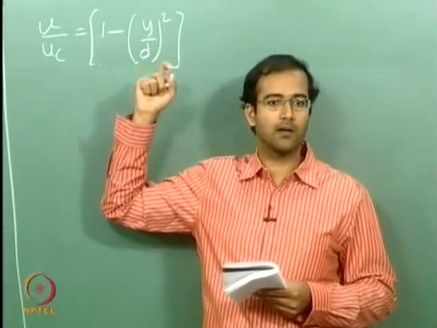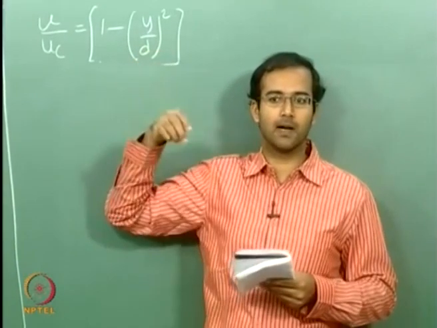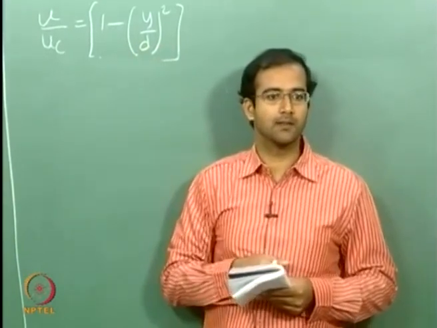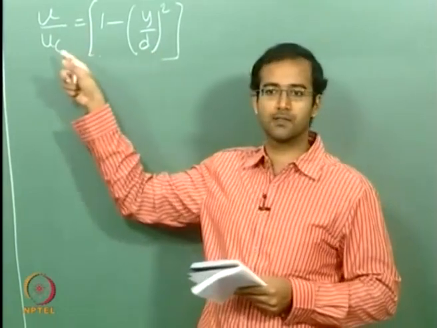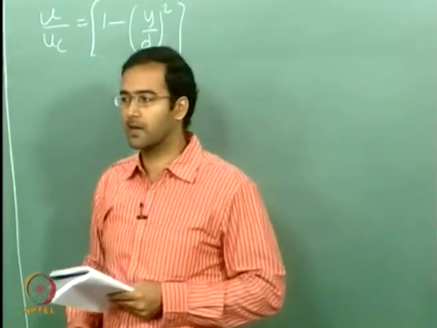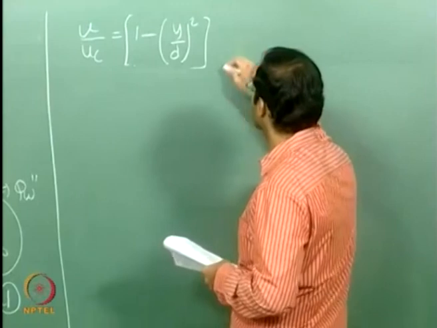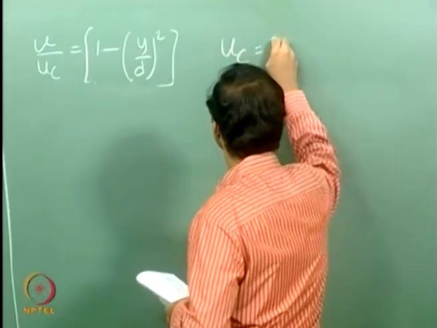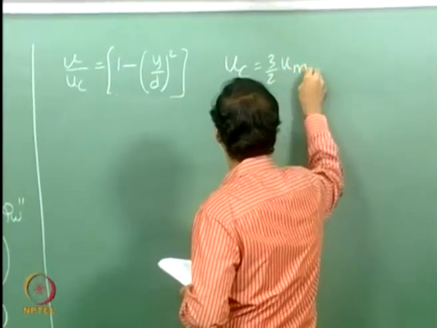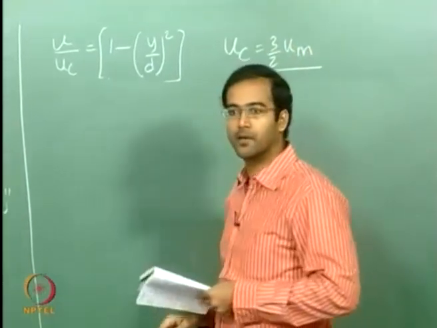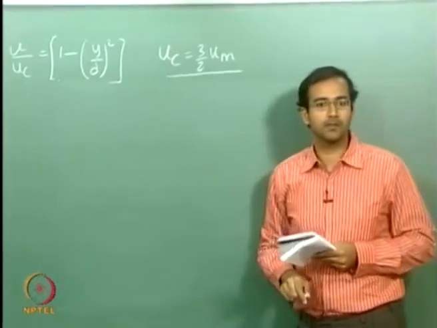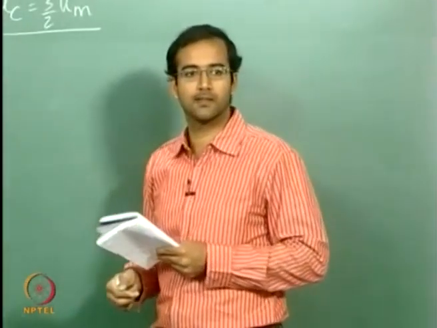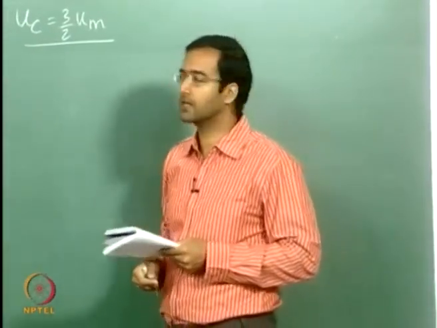Instead of r naught, you will now have the half separation distance d in the denominator, and this is your centerline velocity. In your channel case, uc is basically 3 by 2 times um, whereas in your circular duct uc was twice um, okay. I have not derived it in class, but I think you have already done this in fluid mechanics and you should be able to recollect.